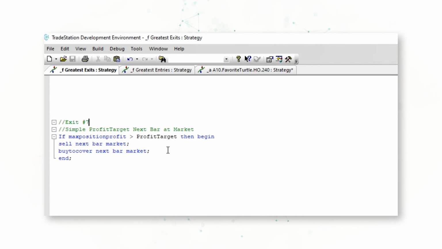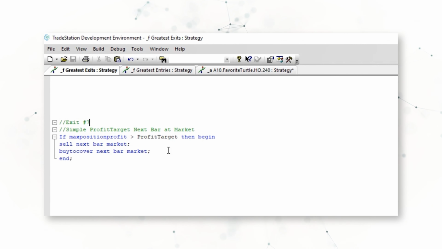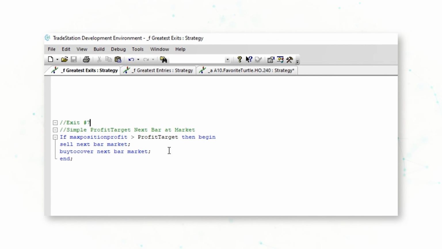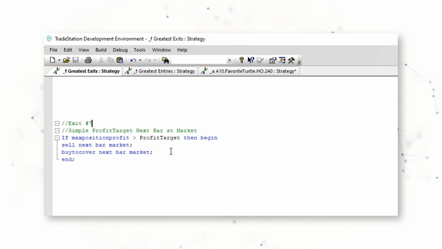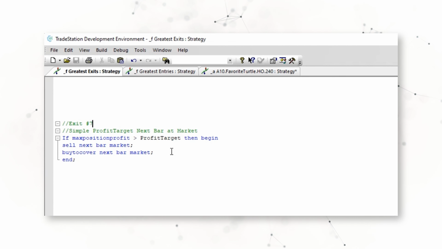It'll either sell or buy to cover on the next market bar. An advantage of this approach is that you can take advantage of the liquidity on the next market open if you're a larger trader, or if you just want to execute trades once a day. If you've built your system to always execute next bar at market, you can use an entry that enters next bar at market with this exit that always executes next bar at market.